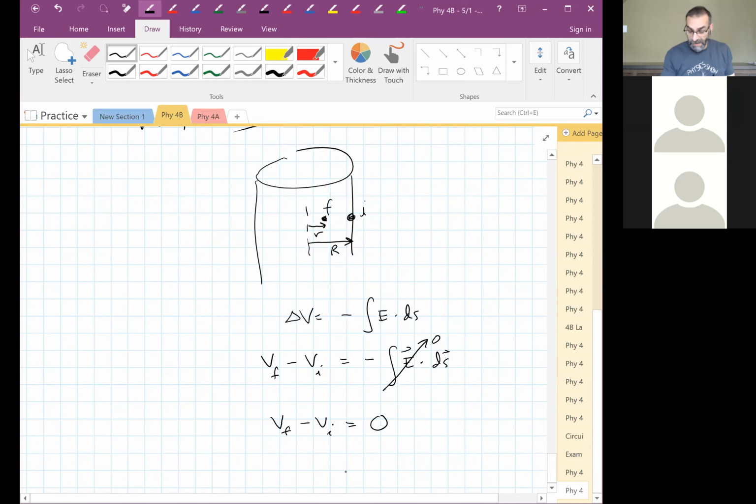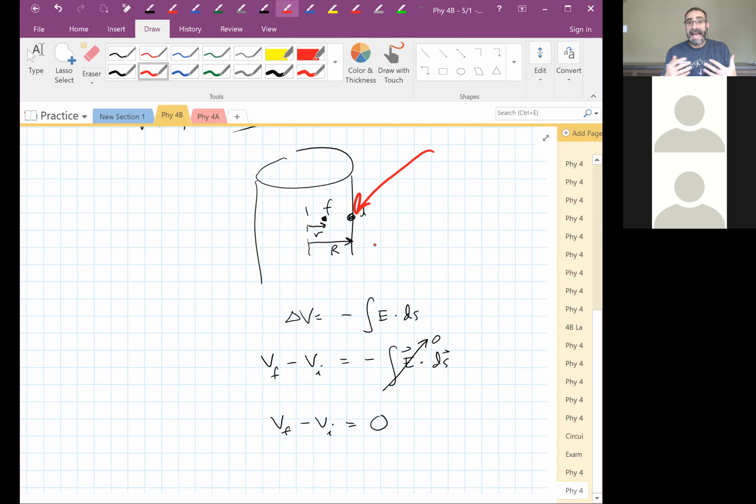has to be 0. Now V does not have to be 0. The change, delta V, has to be 0. V just has to be constant. So whatever V is on the surface of that cylinder, it has to be the same all the way through that cylinder because there's no electric field in there. It can't change the potential.